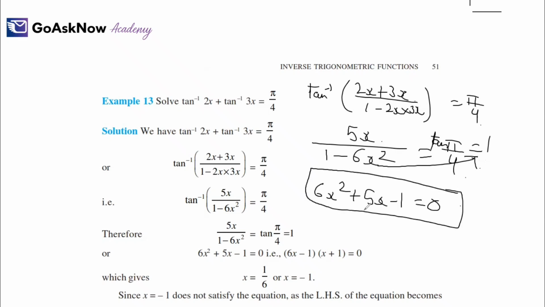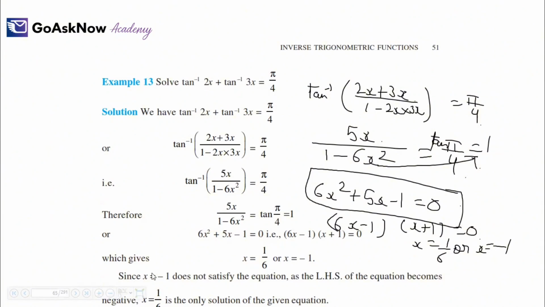It is simplified by splitting the middle term: (6x minus 1)(x plus 1) is equal to 0. So x is 1 by 6, or x is minus 1. We will check whether the results satisfy the original equation or not, and then we will answer whether the answer is correct.